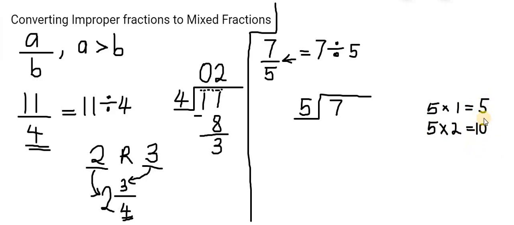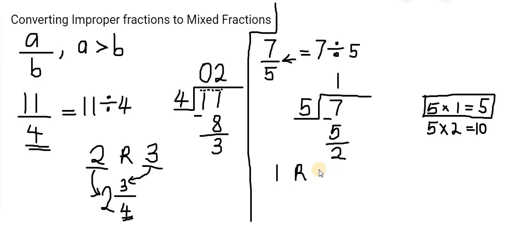In the 5 times table, there's none. So we take the number just less than. So in that row, that's where we find the number of 5s in 7. So that's 1. And we take the answer from that line to check for remainders. So that's 2. So 7 divided by 5 is 1, remainder 2.